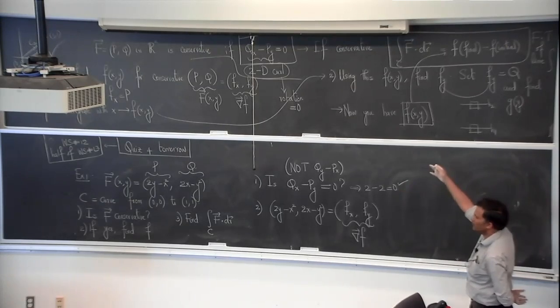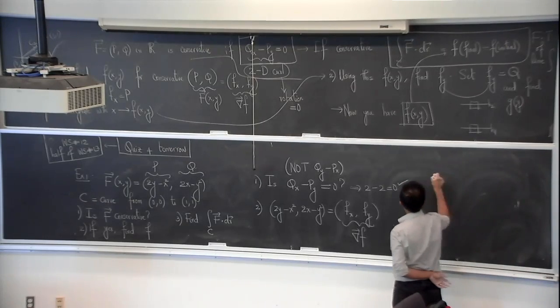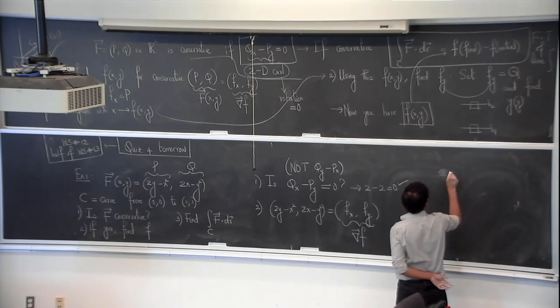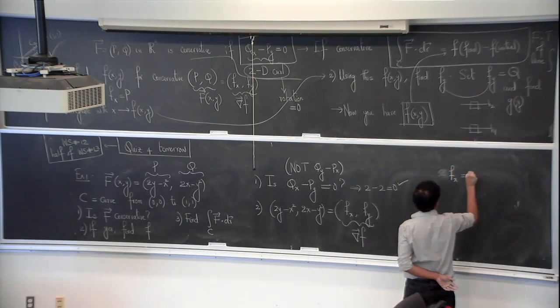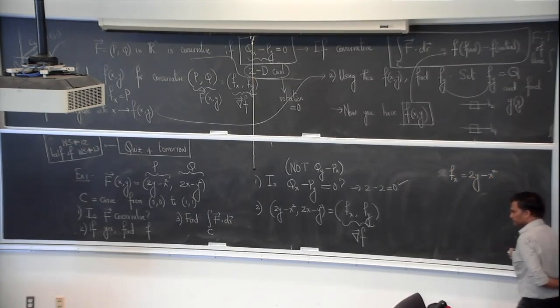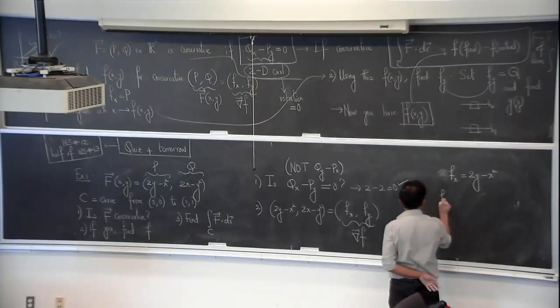So let's go through that process. Start with f_x equal to P. I'm not going to write step 1 and step 2, but just following that process. Partial f_x equals 2y minus x squared. Integrate both sides with respect to x, f of x, y.